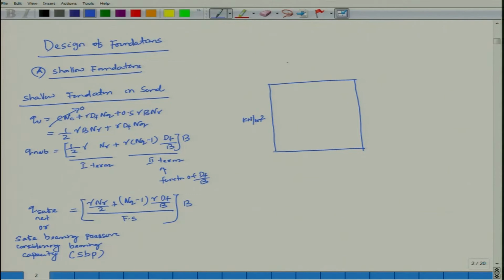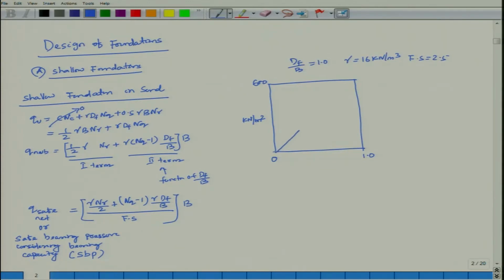Say for example, Df by B you take as 1.0, gamma is equal to 16 kilonewton per meter cube and factor of safety is equal to 2.5. Now, it is varying from 0 to 1.0 and here it is varying from 0 to 600.